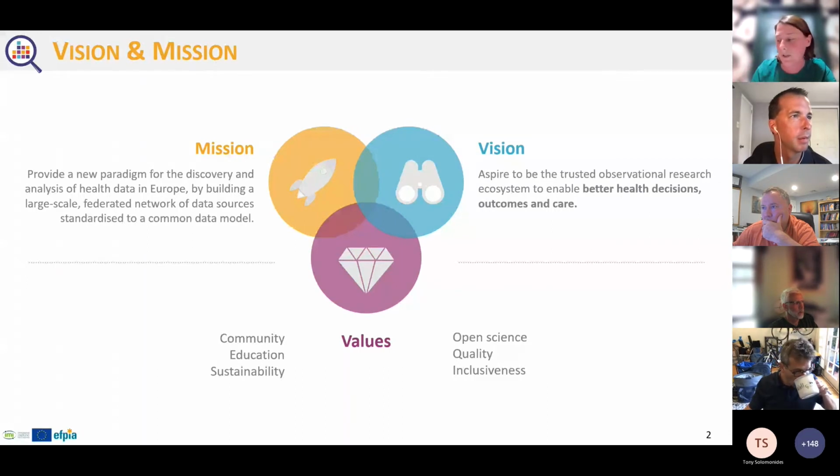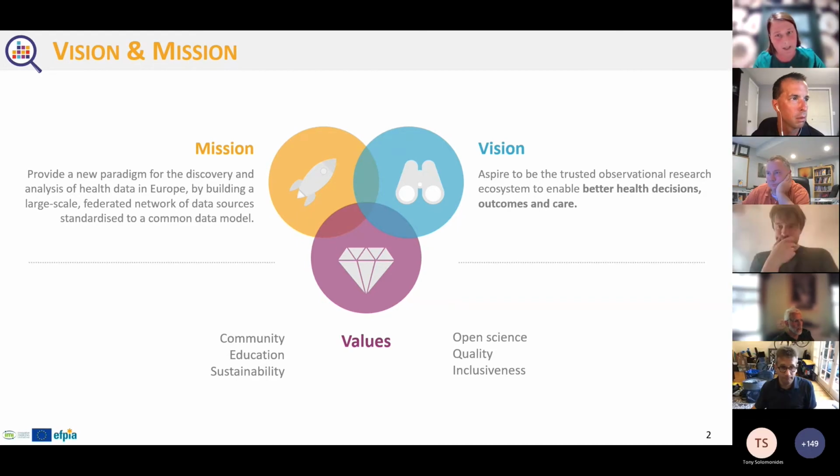We do that by building a federated analysis network that contains a lot of nodes out of all those different health databases in Europe that are harmonized to a common data model, which of course is the OMOP CDM. Eventually, we're trying to build an ecosystem that's self-sustainable and that will help us to create the evidence that's important to make better health decisions, provide better care and eventually help to create better outcomes for the patients.